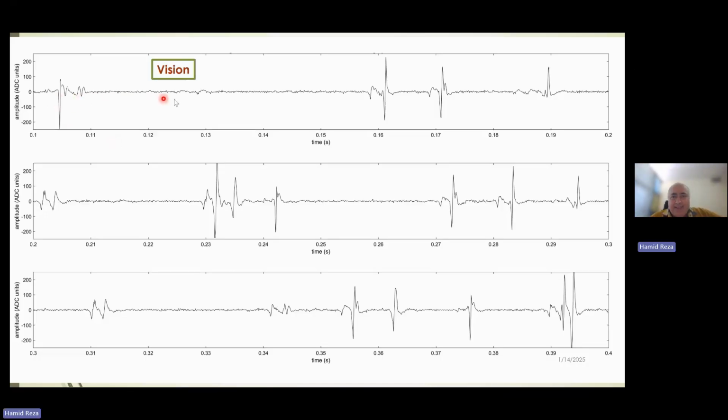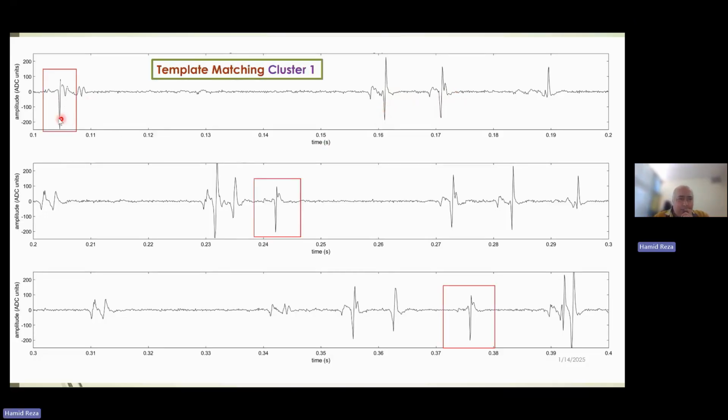We look at the signal and we are trying to identify similar shapes that could possibly be the action potential of a motor unit. Okay, so in the first place, I look at this one, and I will get some information.